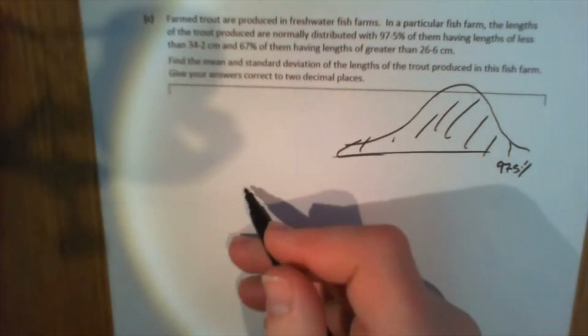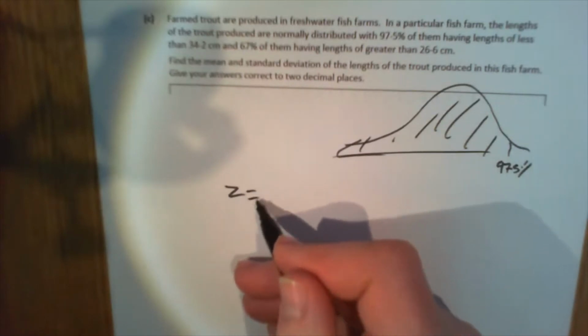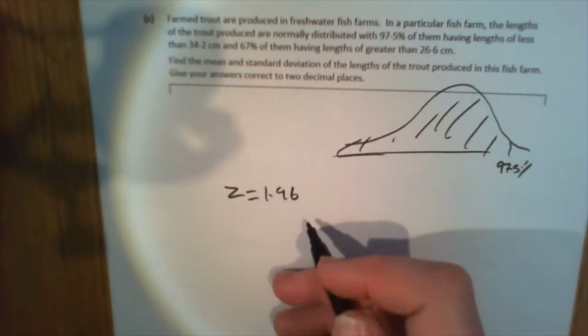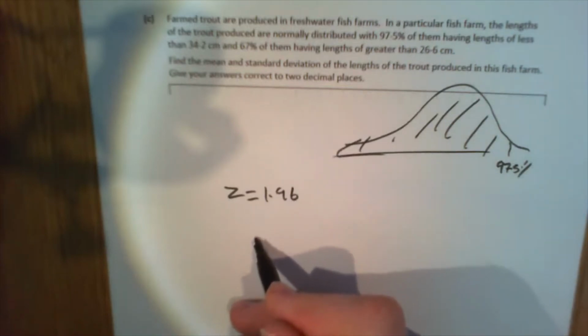That's for sure. So let's get the Z value for 97.5. 97.5 gives you a Z value of 1.96 actually.